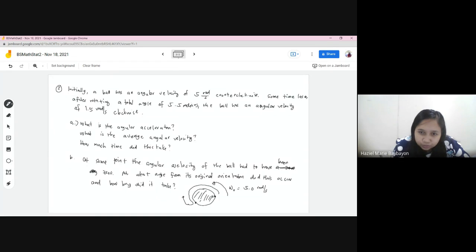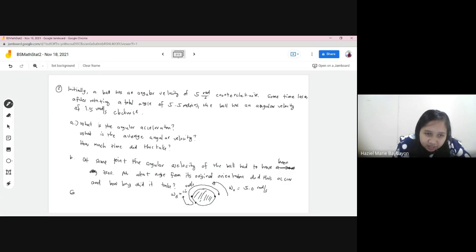Okay, so this is the initial position of this point on the ball, and then after some time, the angular speed reached zero and then it reversed its direction. And this point is now here. Okay? So this is where omega final is. This is equal to 1.5 radians per second.